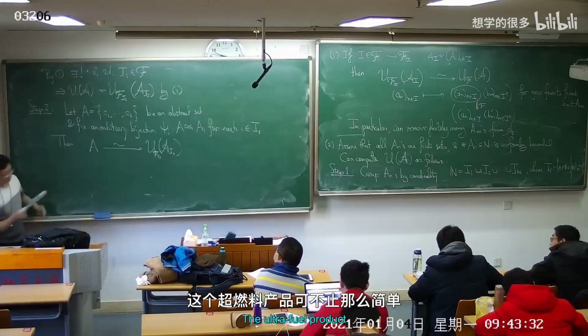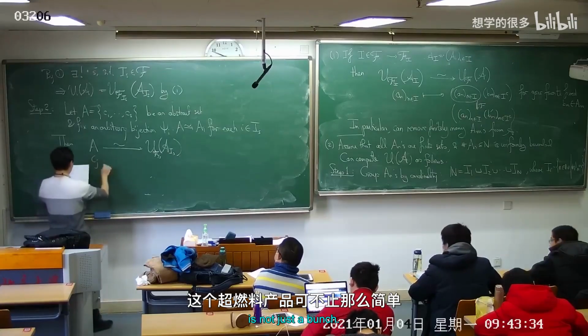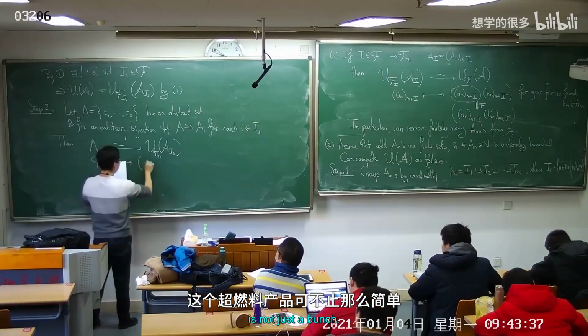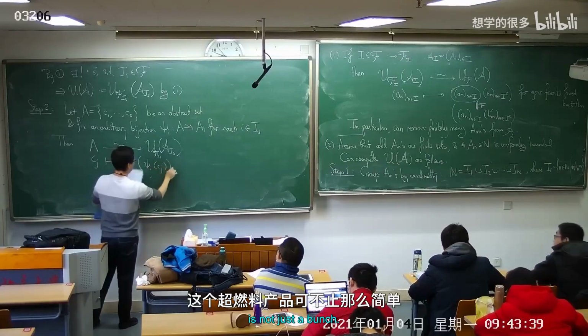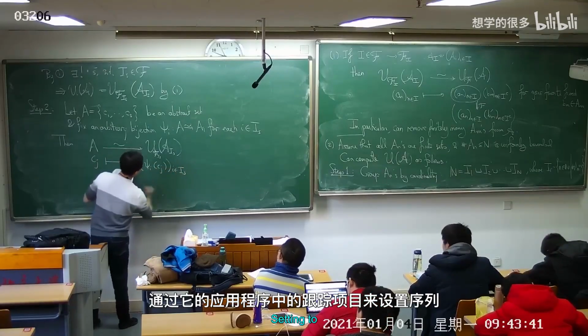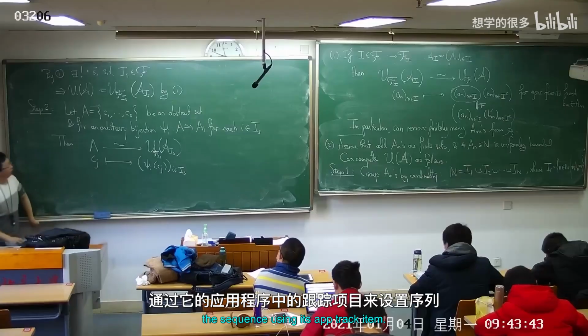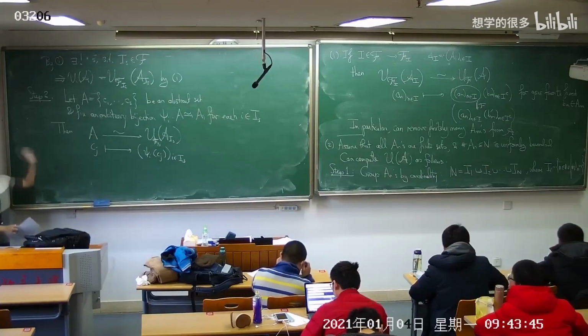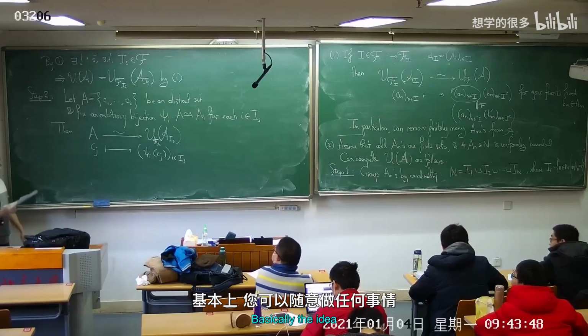Basically, I want to show that the ultrafilter product is not large. Set into the sequence using this abstract identification. Basically, the idea is you do whatever you want.